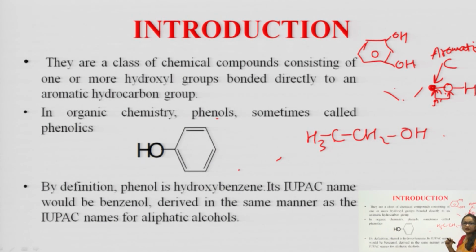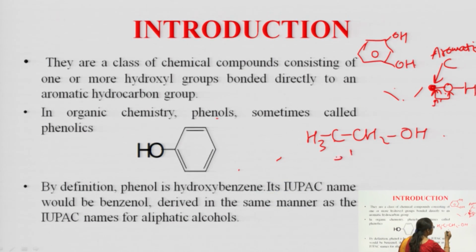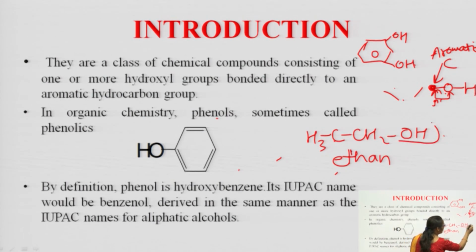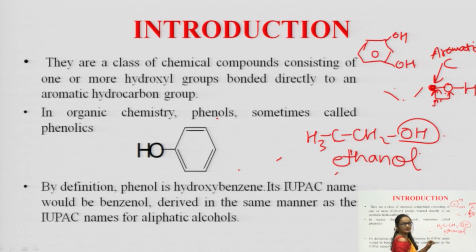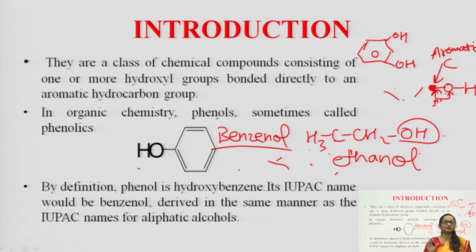This CH3CH2 group is ethyl, so you call it ethanol, ethyl with OH, the aliphatic IUPAC nomenclature of this compound. If it is like this, as I told you earlier, you will call it benzenol, and for benzenol the accepted IUPAC name is also phenol.